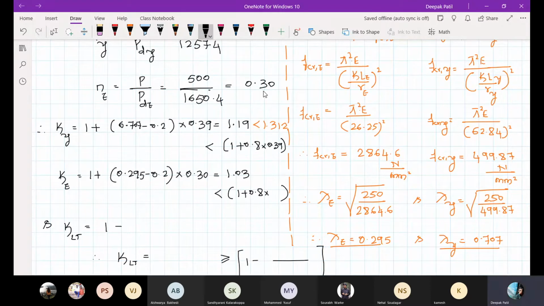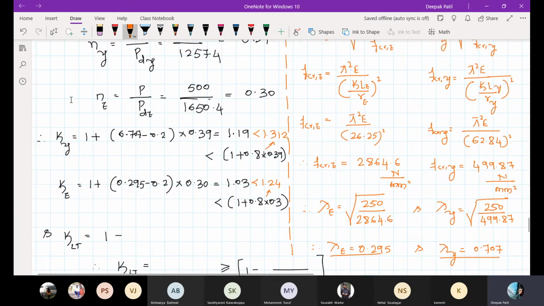And this should be less than 1 plus 0.8 times nz. Nz is once again 0.3, so 0.8 times 0.3 plus 1 is 1.24. This is less than 1.24, so it is OK. So I calculated ky and kz.